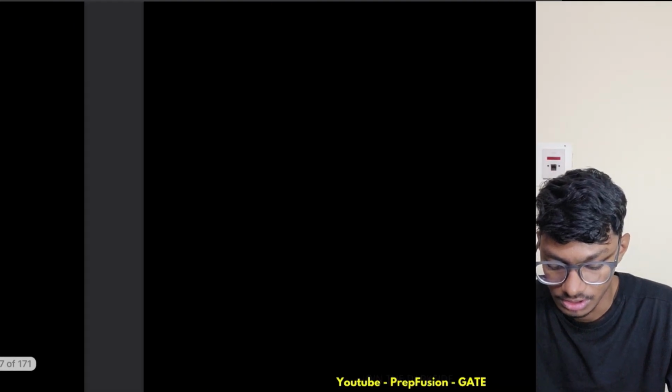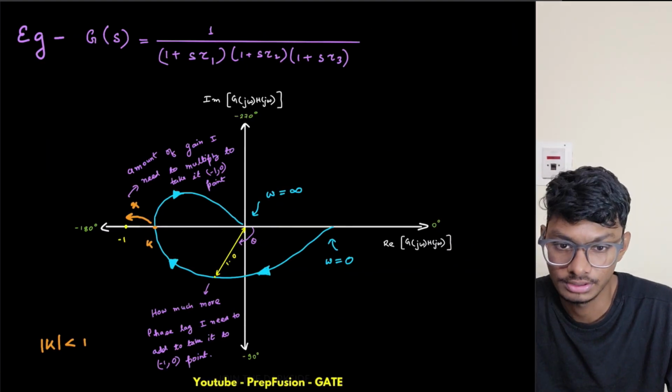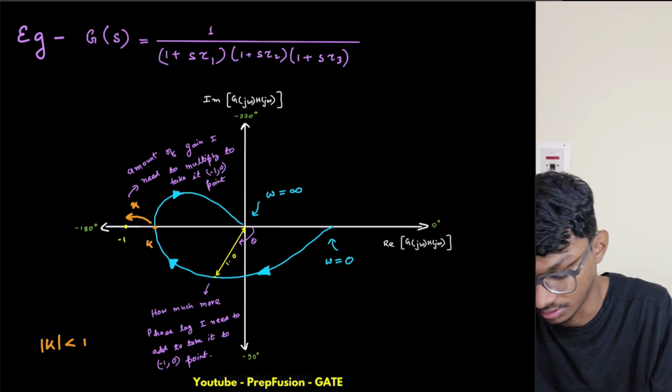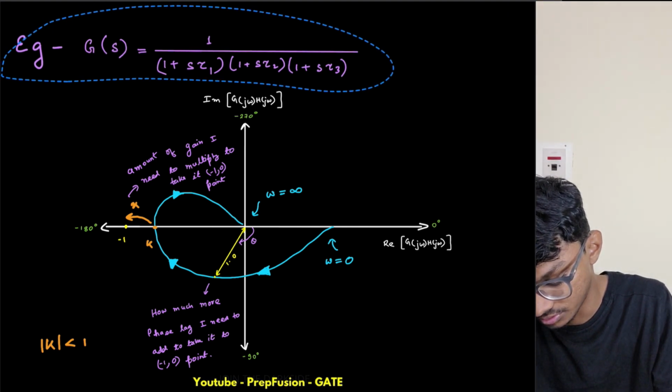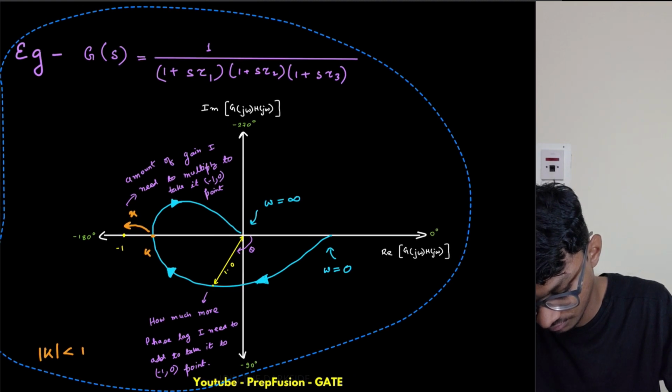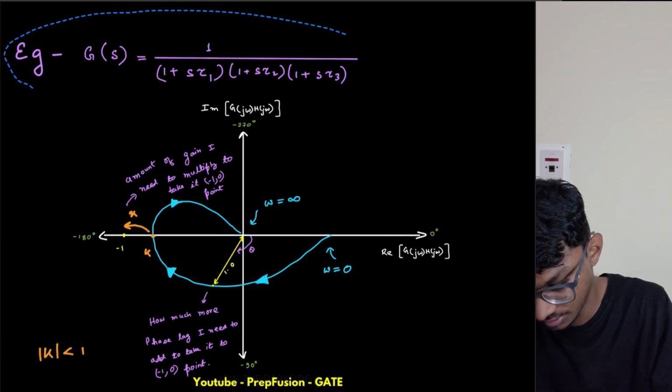Okay, so now I told you what the phase margin and gain margin are visually, right? So I should write this heading here. Let me reduce the size of this one.